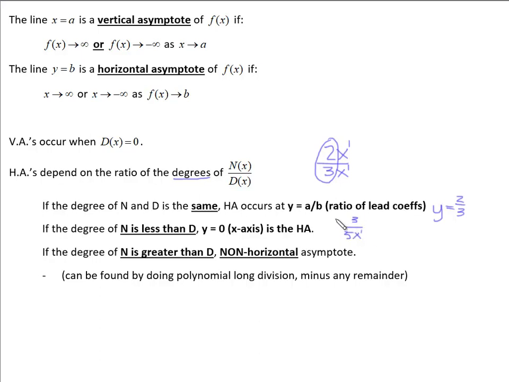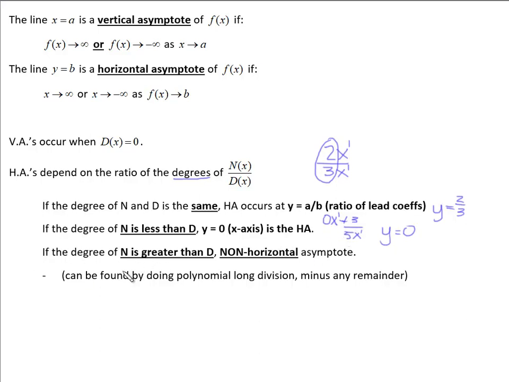In this case, I find it easy to think of the top as 0 x to the firsts, and then you do kind of what we did above. Pretend that the degrees are the same, and 0 divided by 5, those leading coefficients, gives you 0. And that's why, if this is true, it's always y equals 0. The x-axis is our horizontal asymptote.